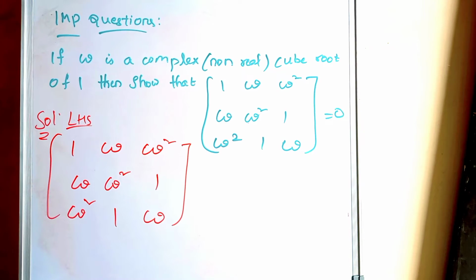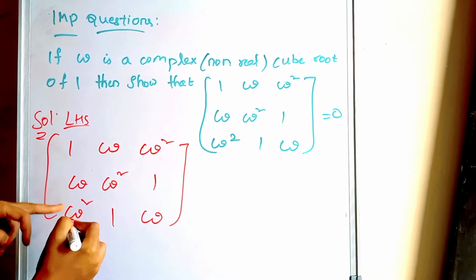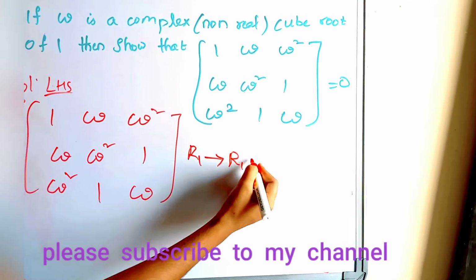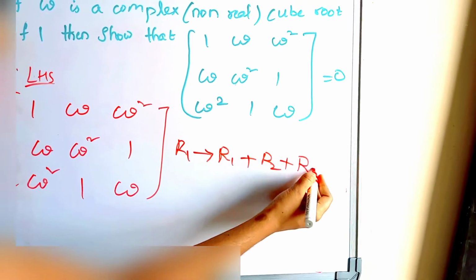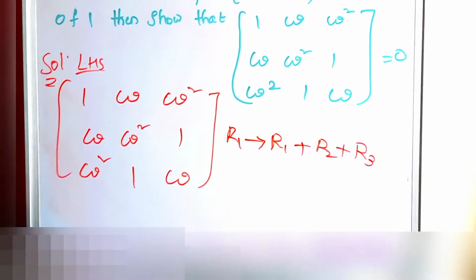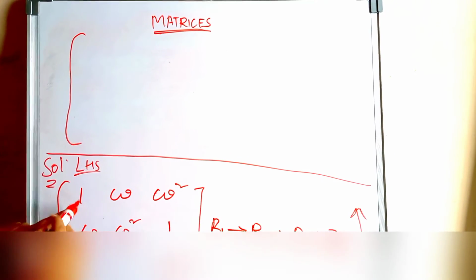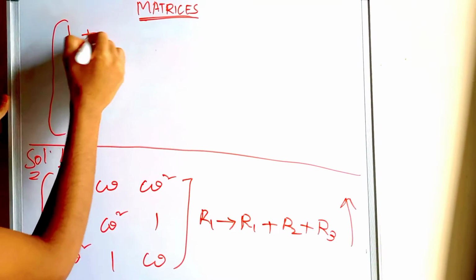Here R1 tends to R1 plus R2 plus R3. R1 tends to 1 plus omega square.